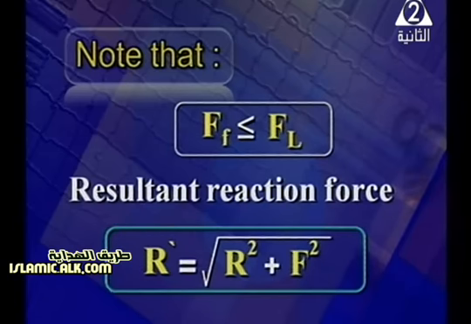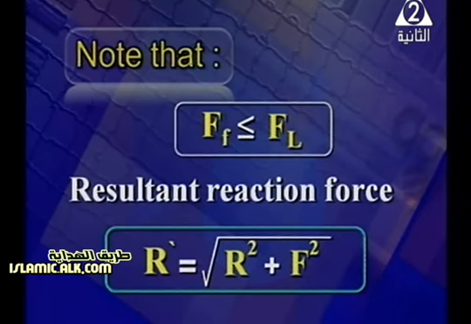What is the meaning of R dash? R dash is called the resultant reaction. We have two reaction forces, normal and resultant. What is the normal? R, or N, normal. But R dash is called the resultant reaction force.